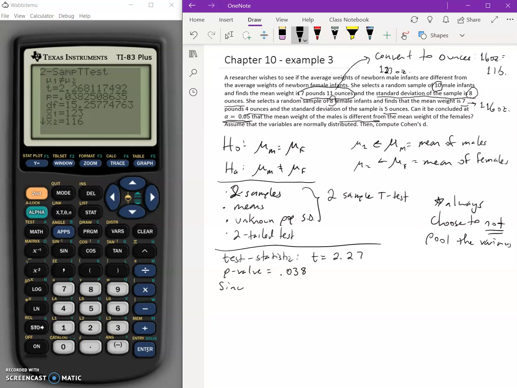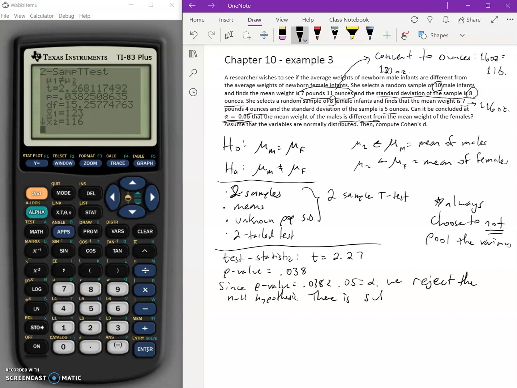So since the p-value, which equals 0.038, is less than 0.05, which is equal to alpha, we reject the null hypothesis.